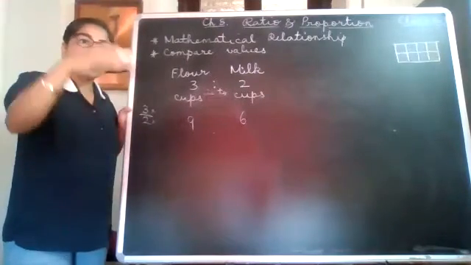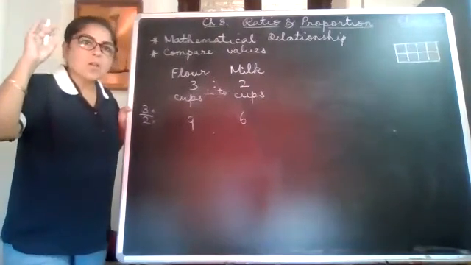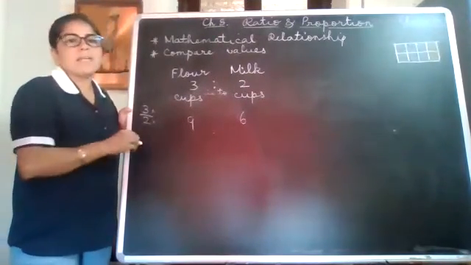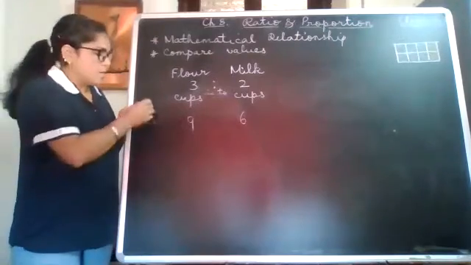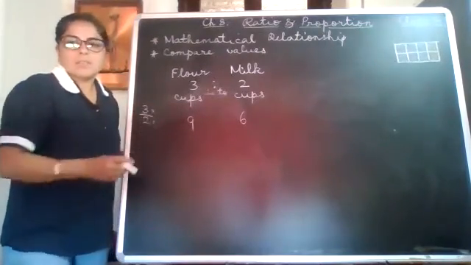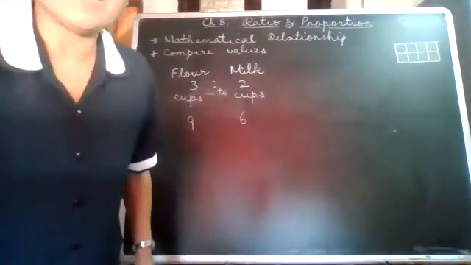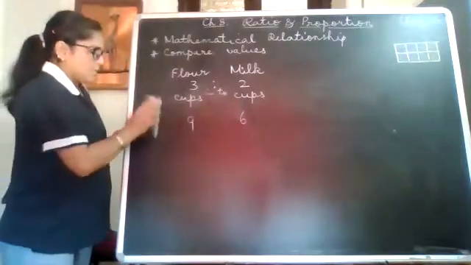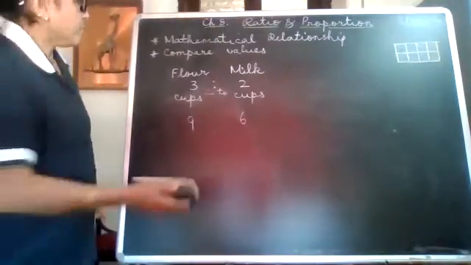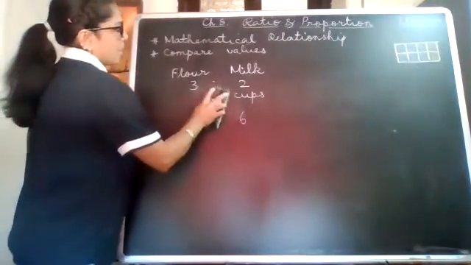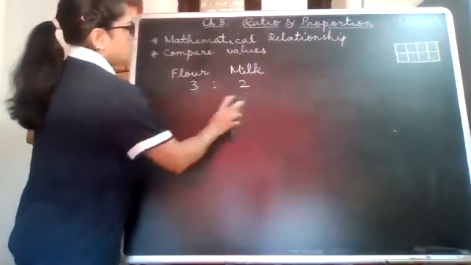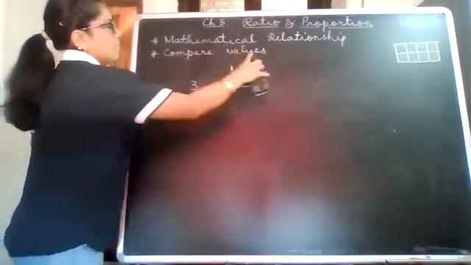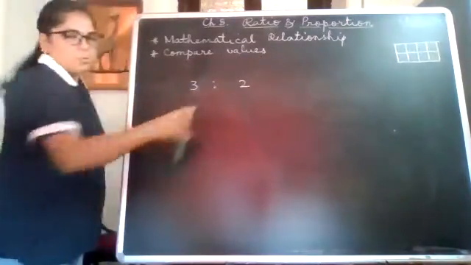They can be scaled up by multiplying or they can be scaled down by dividing. But what have we to remember? That both the numbers have to be divided and multiplied by the same number. Now, in any ratio, I just told you there are 2 terms. Say for example, 3:2.